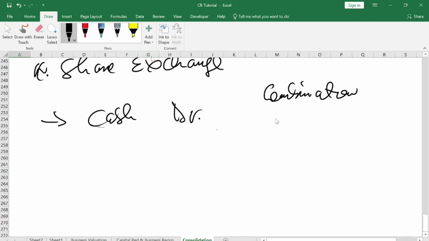Cash will rather reduce the combined company because, when there is a transaction between two companies in a combination, we eliminate the transaction outright. Assume company A cannot sell to company B and make a profit.